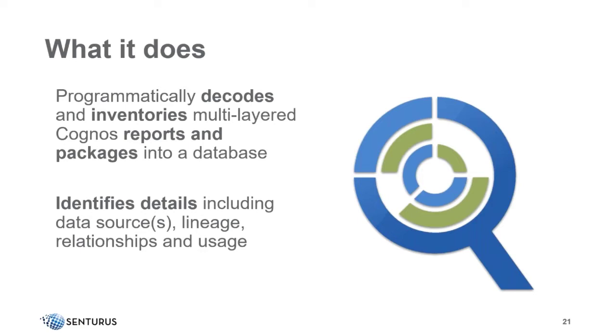You're going to have a new set of tables where all this information gets stored. It's going to track all the details, including the data sources, the lineage, relationships, usage, all that stuff that can be difficult to track down outside of a report, and put it all together. This is going to eliminate hundreds of manual clicks that are required to discover all these data fields, filters, calculations, etc.